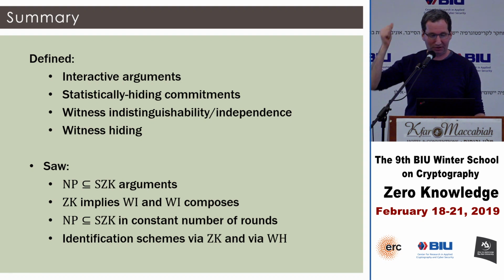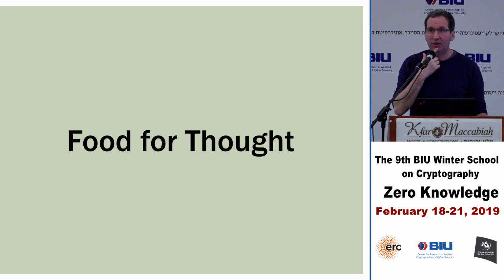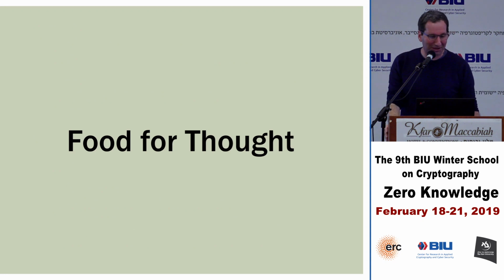That's the important part. That NP can be argued in statistical zero knowledge in a constant number of rounds. And we saw identification schemes both using zero knowledge and using this weaker notion of witness hiding. Some food for thought to conclude my lectures for today.